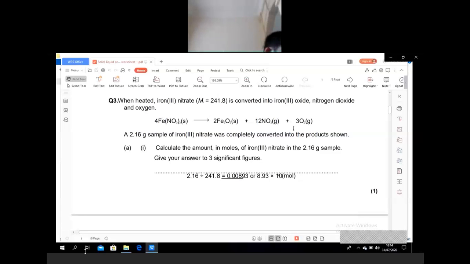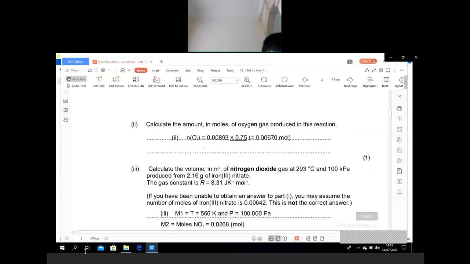So 0.00893 divided by 4 times 3, which equals multiplying by 0.75.